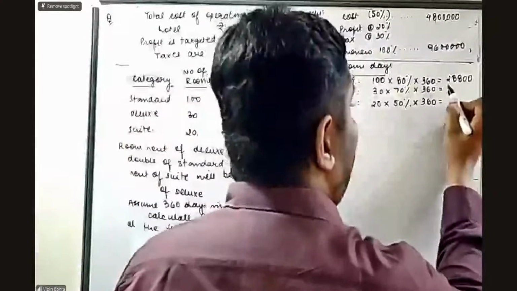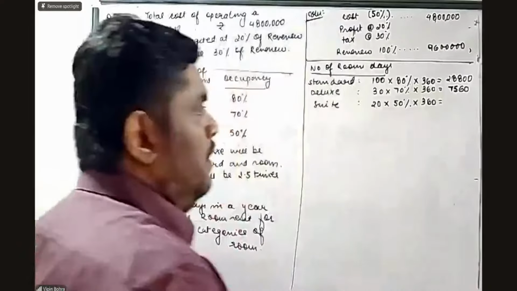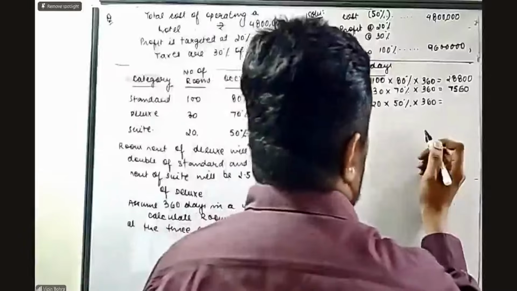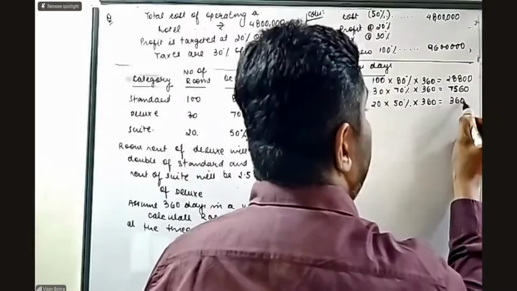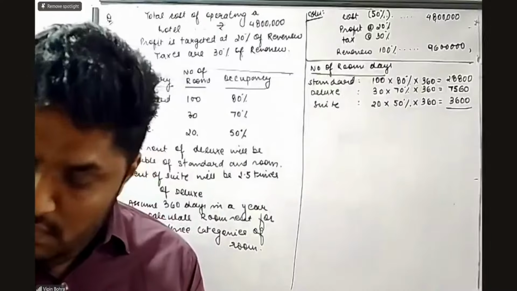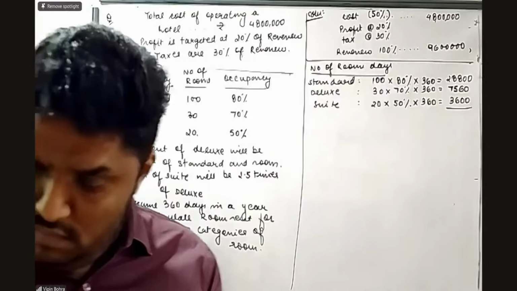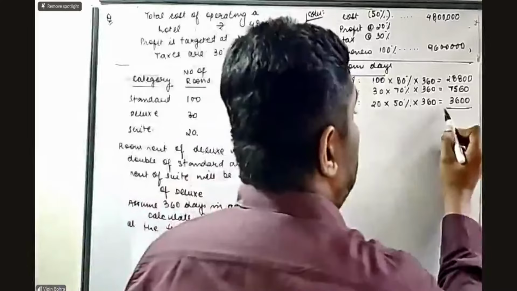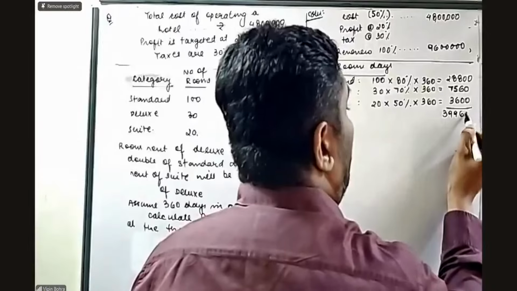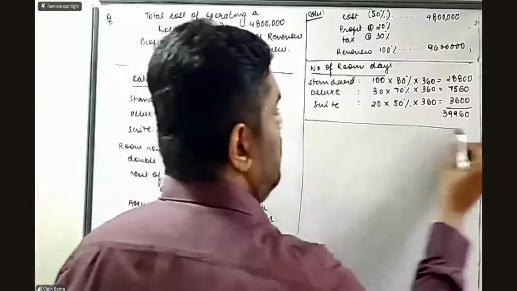This will be 7,560. This will be 3,600. So this is the calculation of room days.